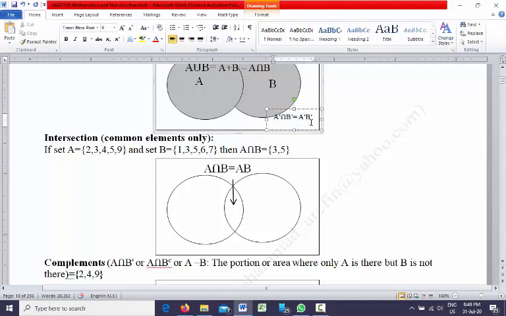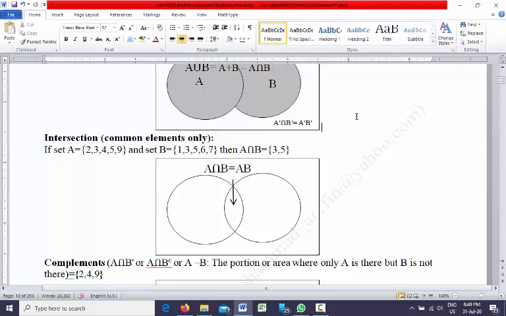Right, so in short we can write A prime B prime.